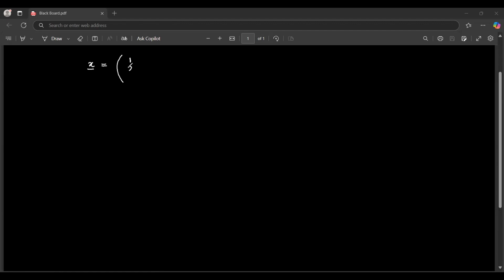Alright, now let's talk about multiplication of vectors. But first of all, let's learn about scalar multiplication. If you multiply with a scalar value, what happens? Let's say we have a vector x equal to 1, 2, 3. Let's keep it simple.